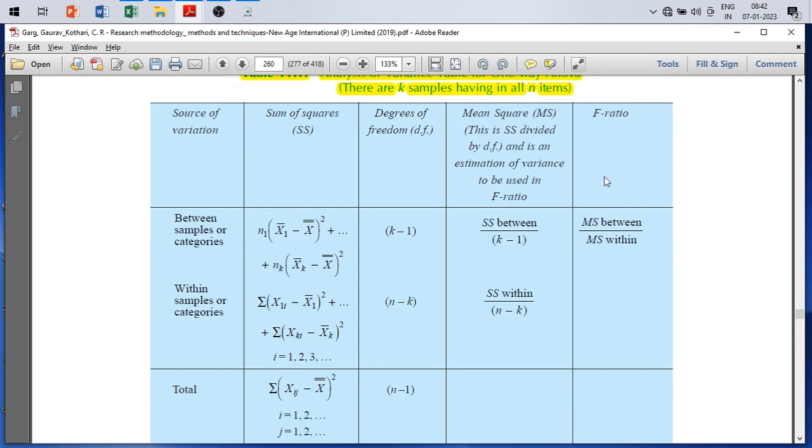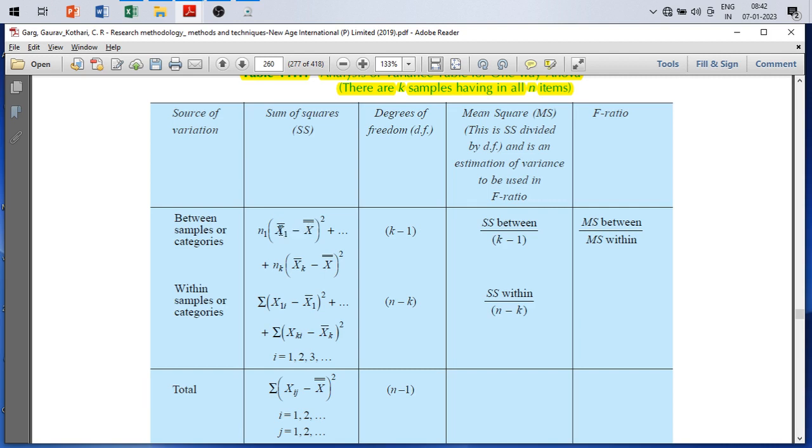Between samples, if we have to calculate the sum of squares, I told you, when we are looking at SSB, then we are looking at the group mean and the total mean. This x1 bar is the group mean, and x bar bar is the total mean.